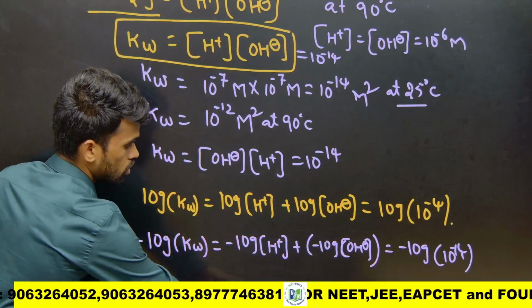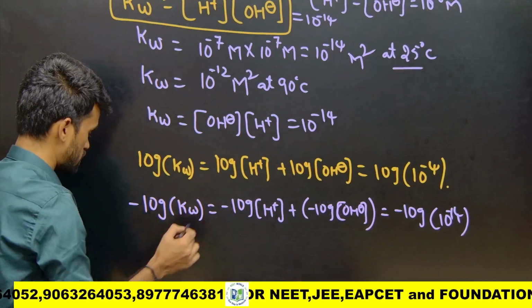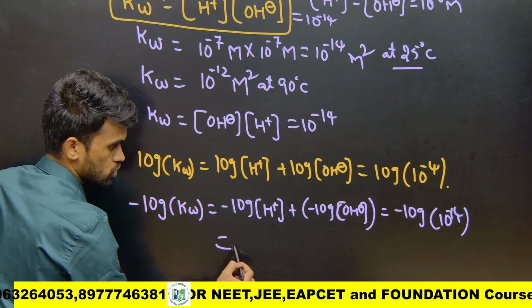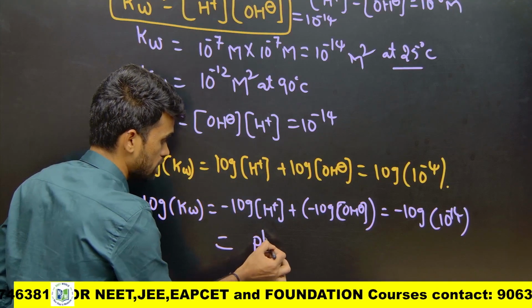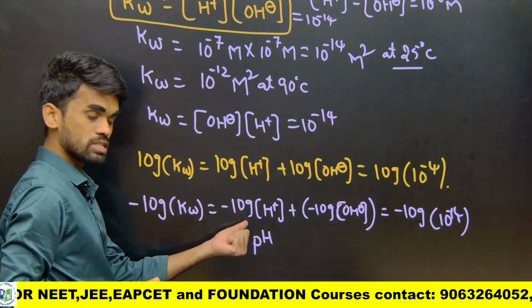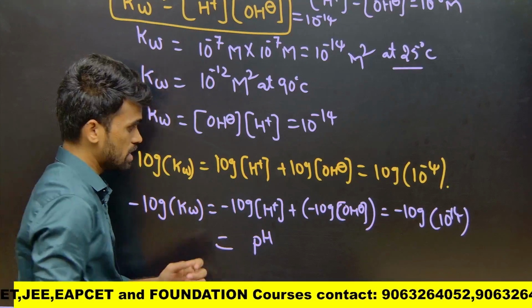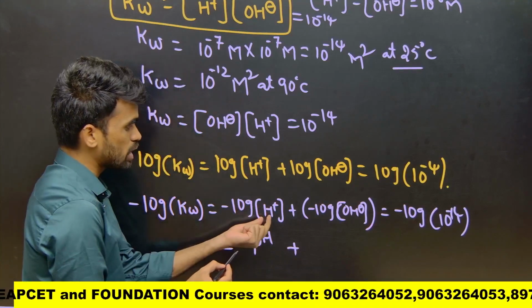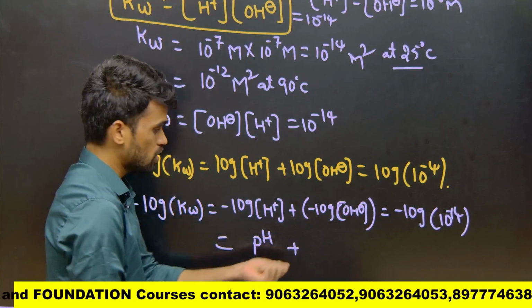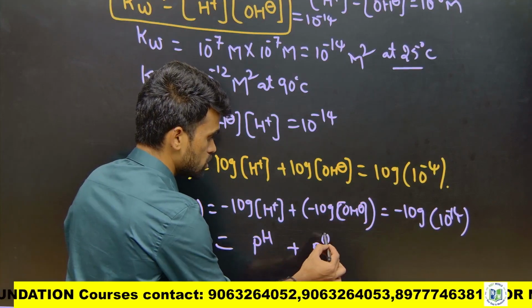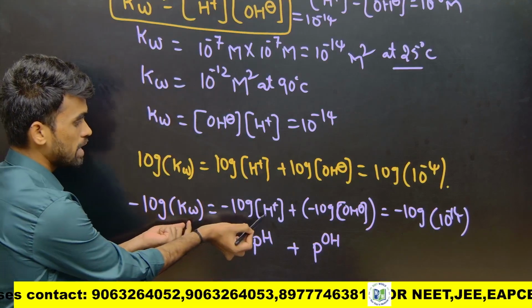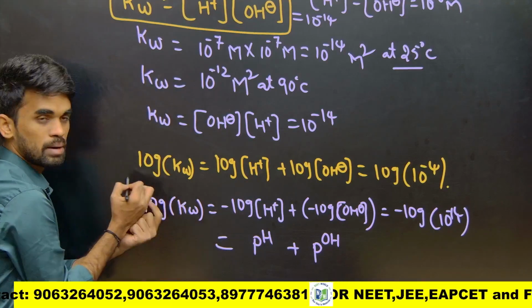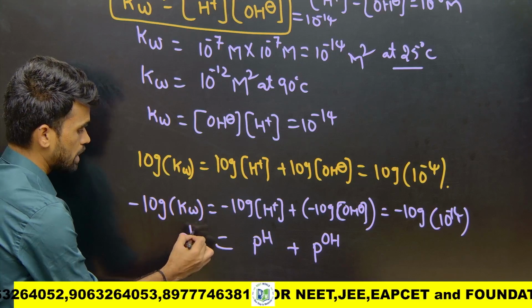So we know minus log concentration of H plus is nothing but pH. This is the indication of pH, right? Similarly, in the place of H plus we have OH minus now, so we can say it as pOH. Hope it is clear. Similarly, in the place of H plus we have Kw, so you just write it as pKw.